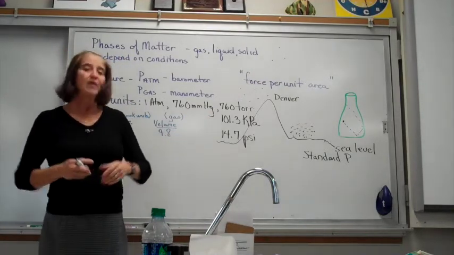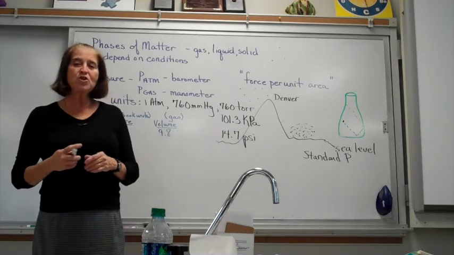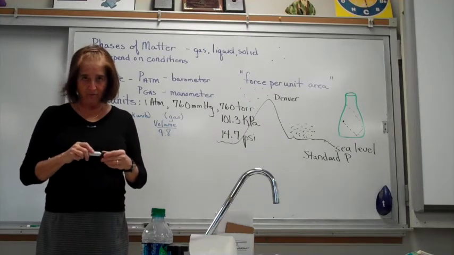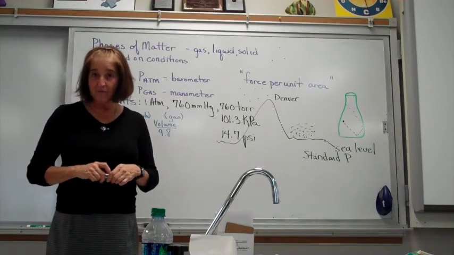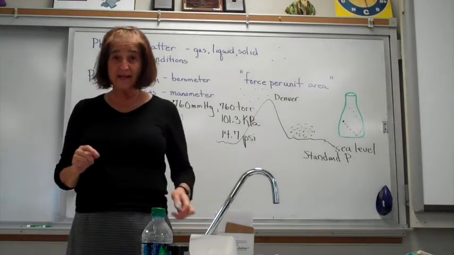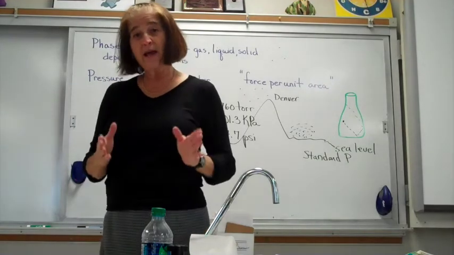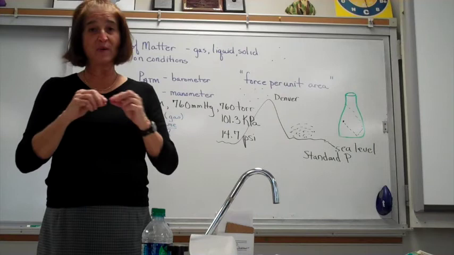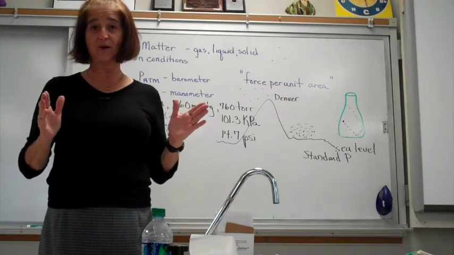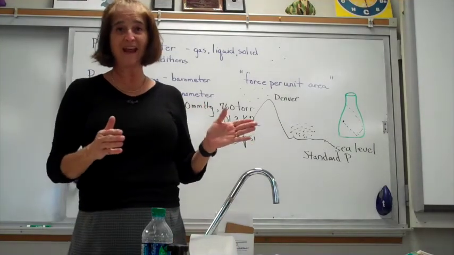Now, what happens if you change the pressure on a certain volume of gas? We're actually going to stop and take some data. And what I have over here to the side is a pipette that has been filled with some blue food coloring. So let's move there now.